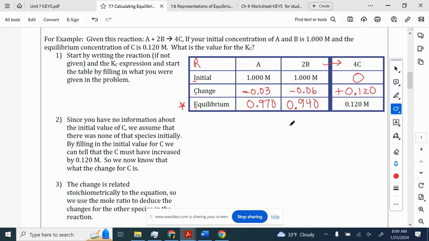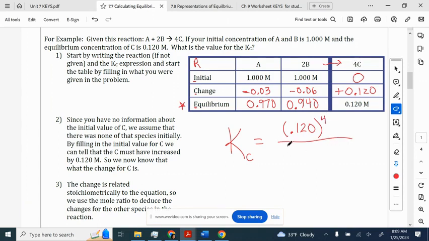Ready to go with that? All right. So now if we want to figure out our KC value, it is going to be the 4C, which is this amount. What do we have to do with that? Oh, exponent of 4. Yep. I have to have that up to a 4.